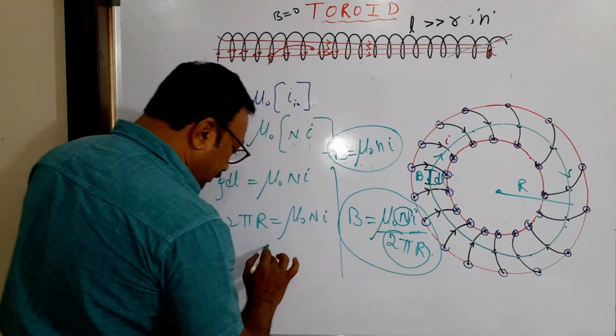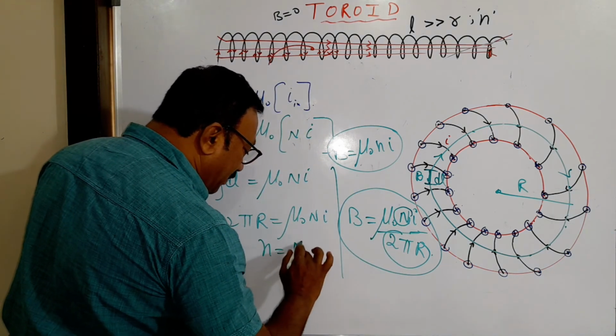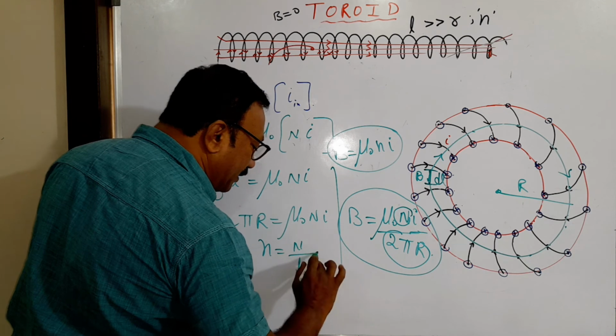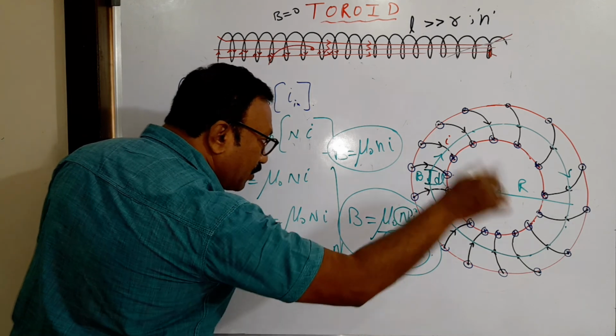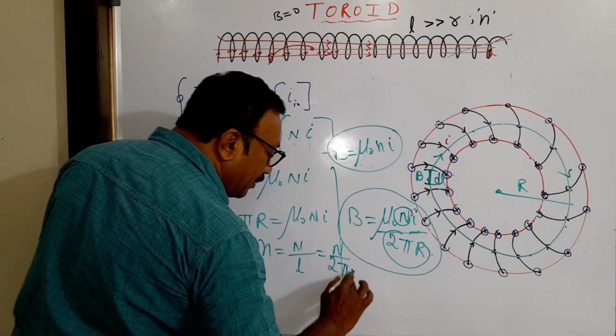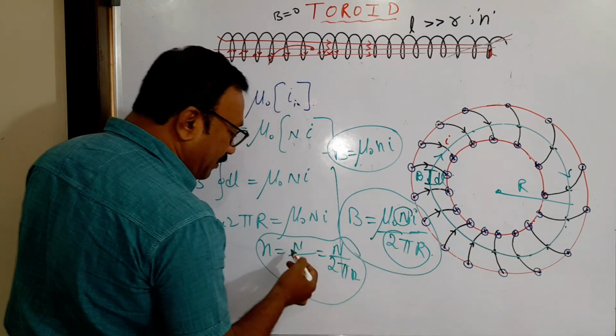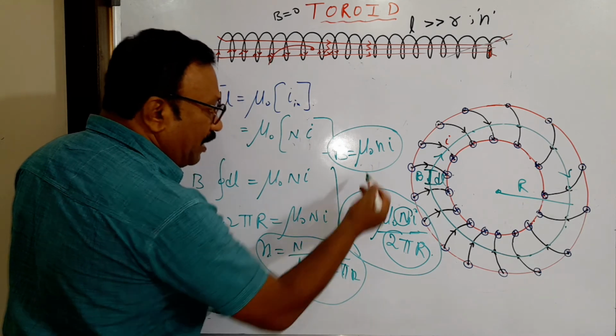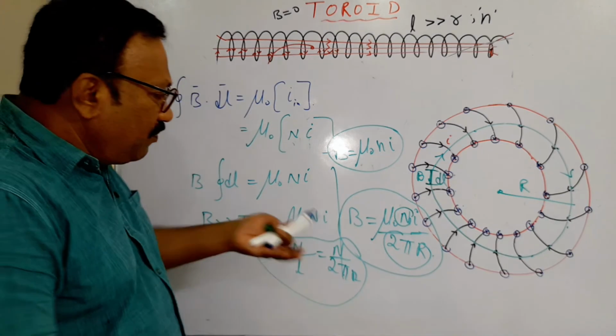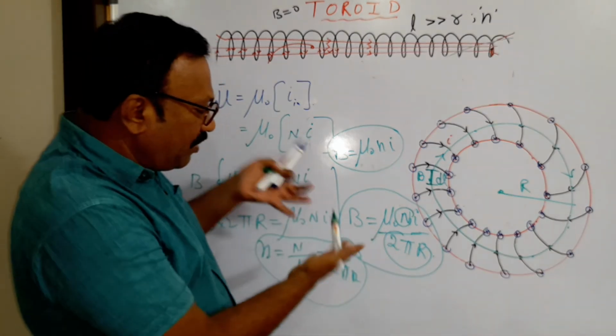Capital N, small n is what? Capital N divided by length. What is the length of that loop? 2 pi r. So this will be the small n value. So if I eliminate this capital N by 2 pi r as small n, then I get this. Same formulas I told you in the beginning, so the same formulas I proved now.